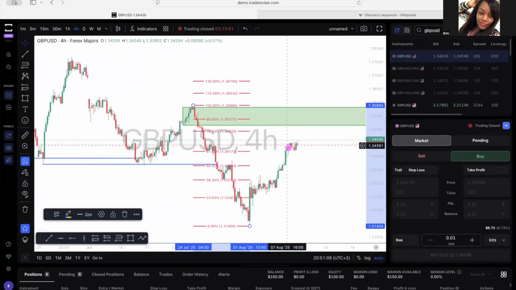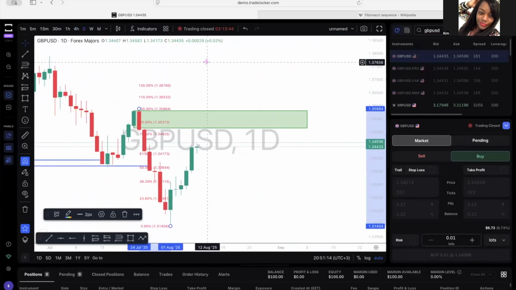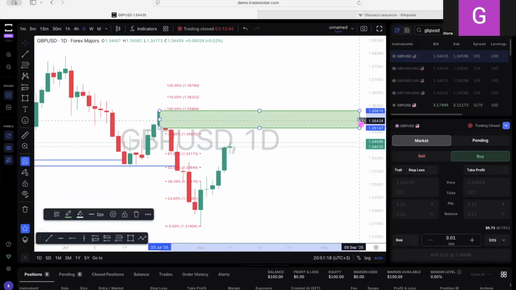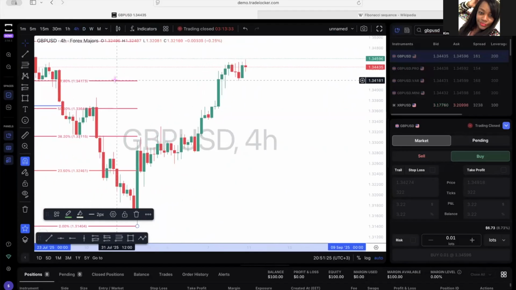And did you mark your supply zone on the daily? I marked it on the daily. Yep. Okay. And I go down in time frame to narrow it down. You do not have to do that.